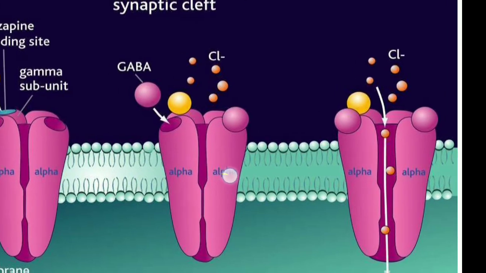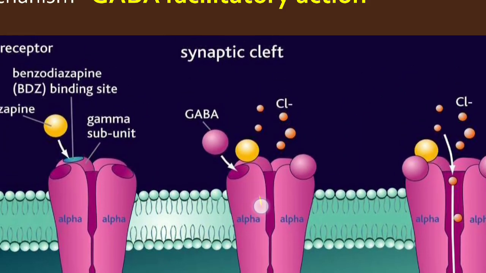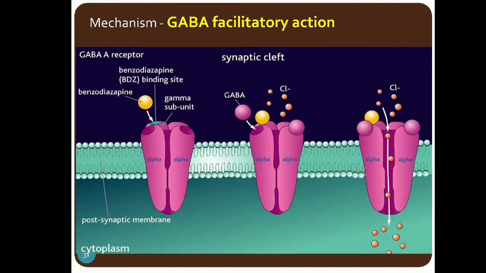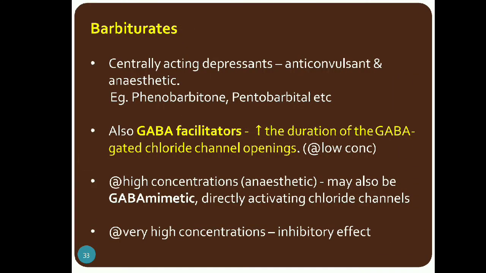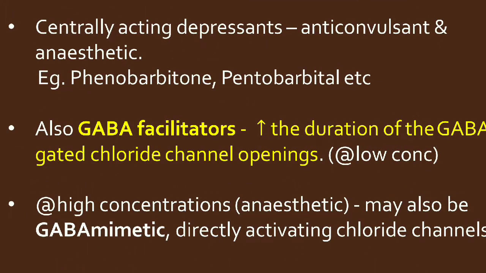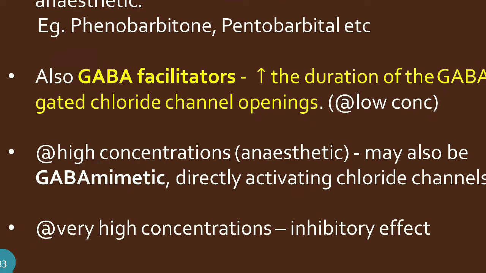Barbiturates are also controlling drugs, acting as depressant, anticonvulsant, and anesthetic. Some examples are phenobarbital and pentobarbital. They are also GABA facilitators, increasing the duration of GABA-activated chloride channel openings. At high concentrations, anesthetics may be GABA mimetics, directly activating chloride channels.